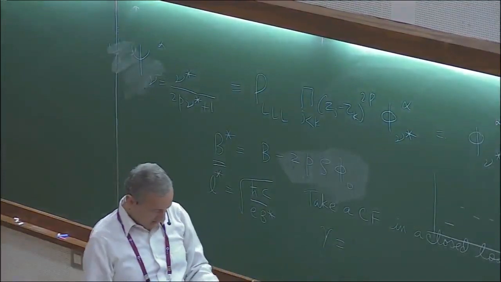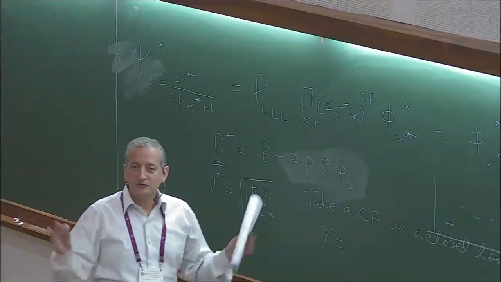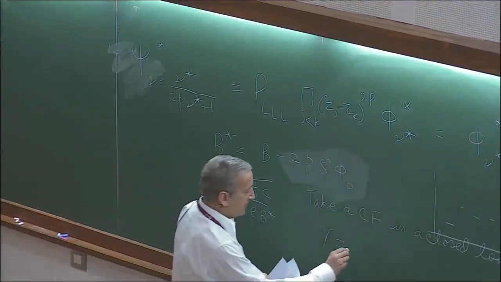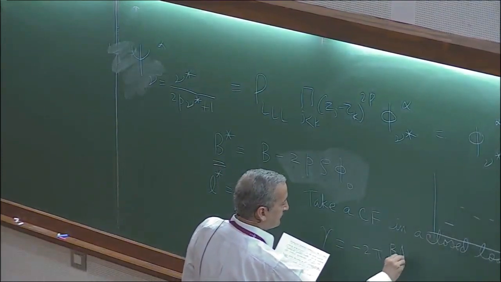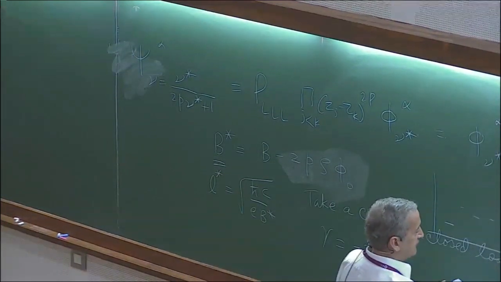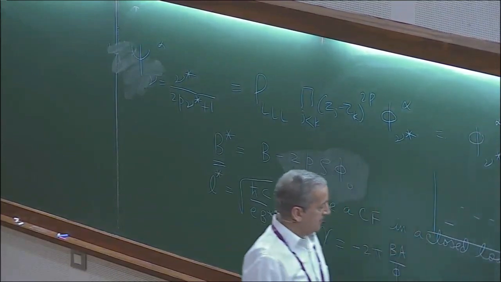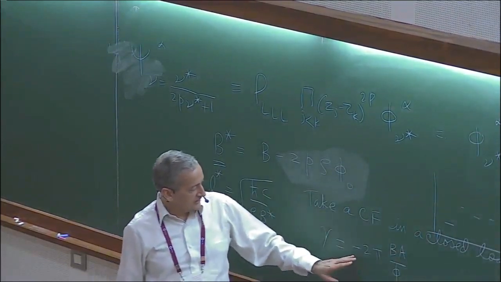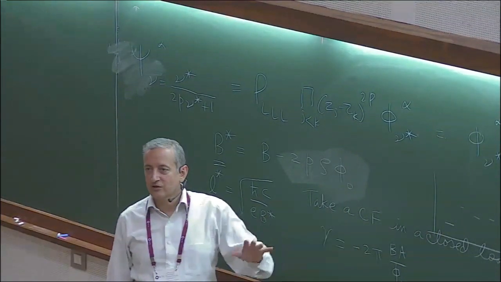So this is a closed loop of area A. Okay, and the sign you have to work out, but for an electron, for a magnetic field pointing in the positive z direction, you get a minus sign here.